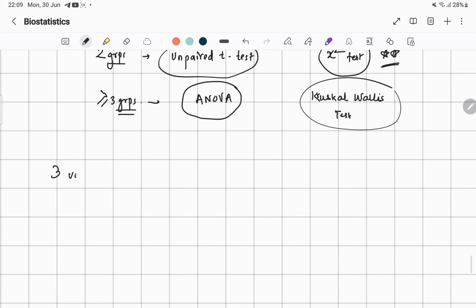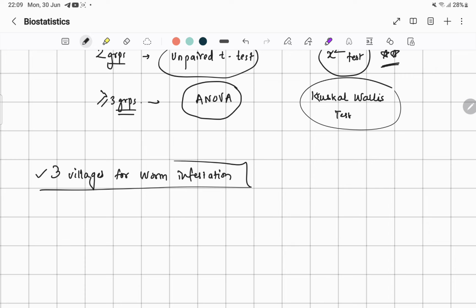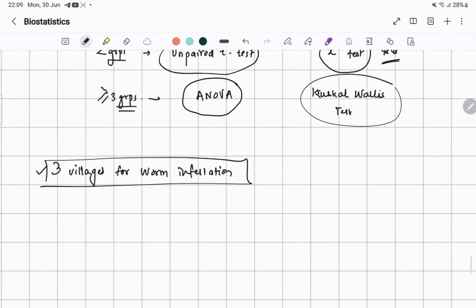You checked 3 villages for, let's say, worm infestation. So is it qualitative or quantitative? Of course, it's qualitative. How many groups? 3 groups. Which test will you use? Of course, Kruskal-Wallis.